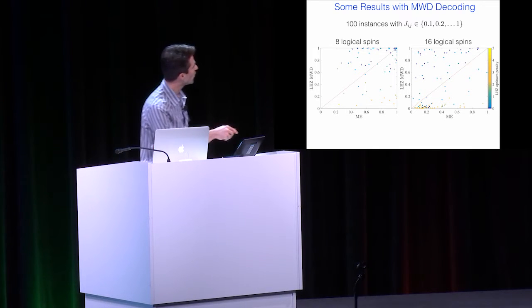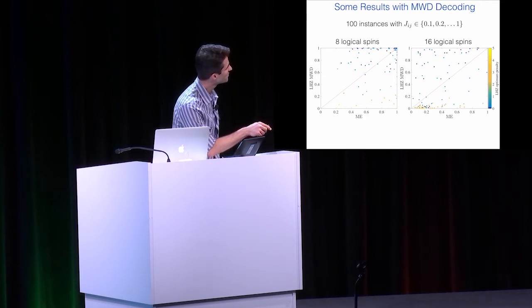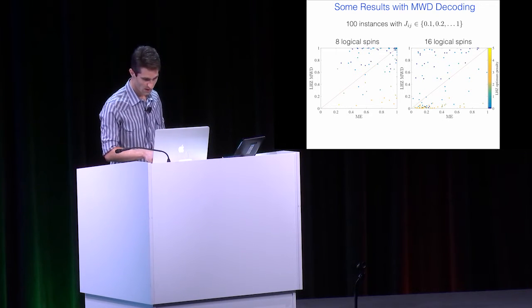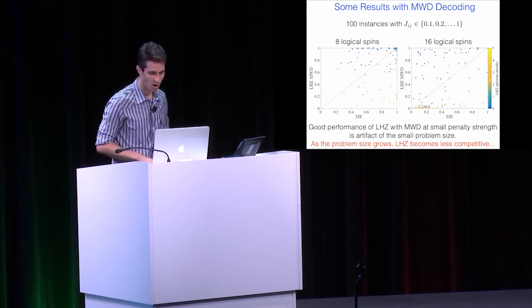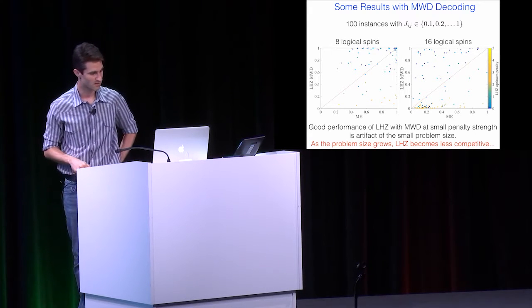So you might wonder, though, well, what about all of these dots? There's something interesting happening there. And it actually turns out that this is an artifact of these small problem sizes.